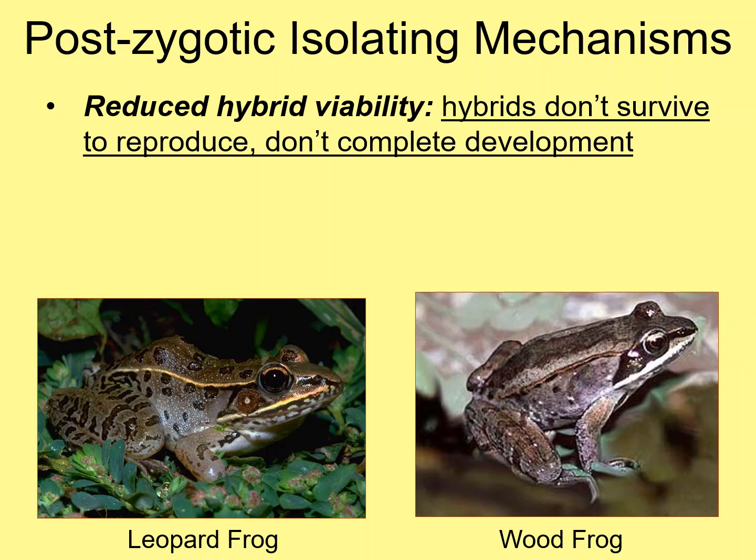If those two species are truly reproductively isolated from each other, though, this means that the hybrid that does form should be either not viable, meaning it doesn't survive, or not fertile, meaning it can't reproduce on its own, or possibly both of those things.